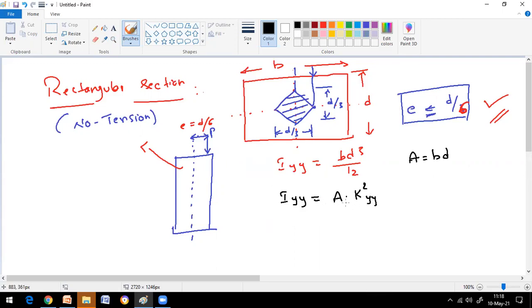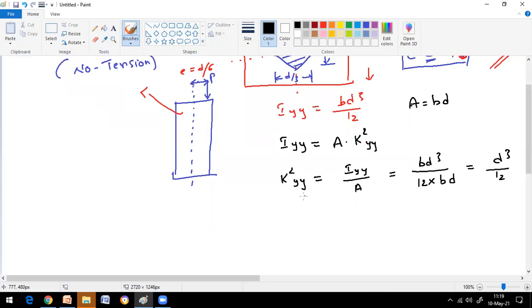Because you all know the moment of inertia formula I is equal to A into y², where y is nothing but the gyration distance. k square yy is equal to Iyy by A. What is Iyy by A? BD cube by 12 into, what is A? BD. So k square yy is d cube by 12.